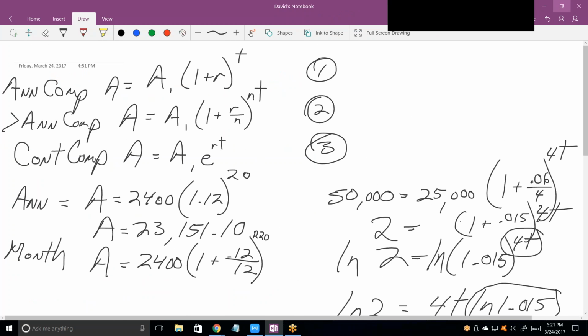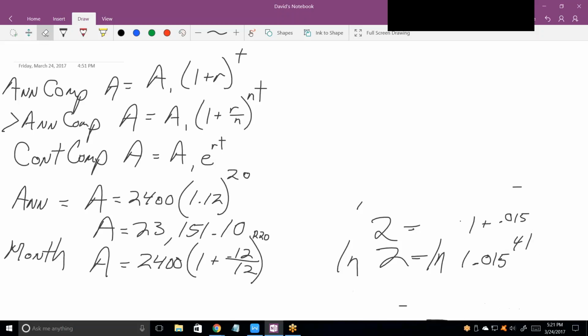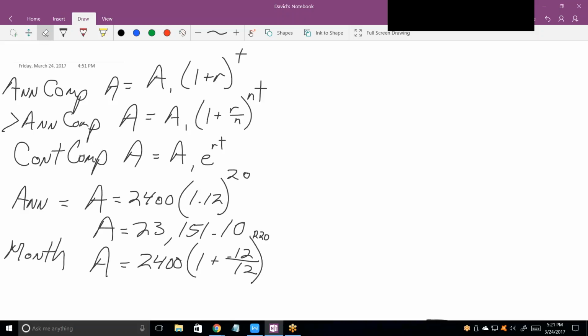Back up. Let me erase all this other stuff here. You have your calculator? Andy, you're going to need to come up with a number on this. In other words, 12 times 20 is 240.